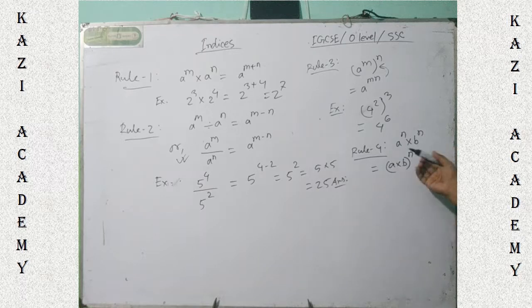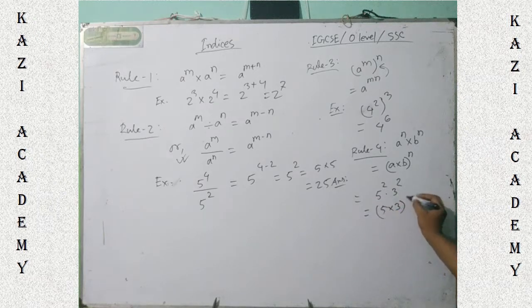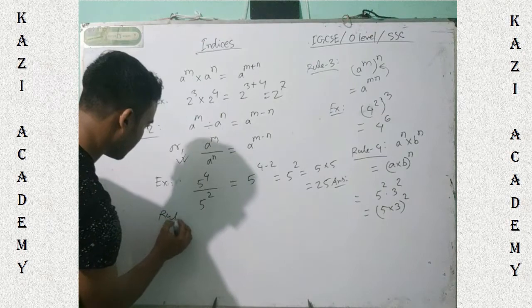For the common power we can write a times b, then to the power n. So when we get a common power, a common index, that's why you can write it like this. For example, suppose 5 to the power 2 and also 3 to the power 2. Then we can write 5 times 3, then to the power 2.